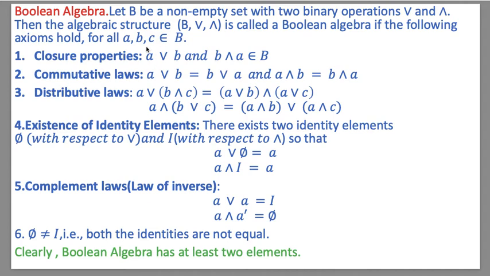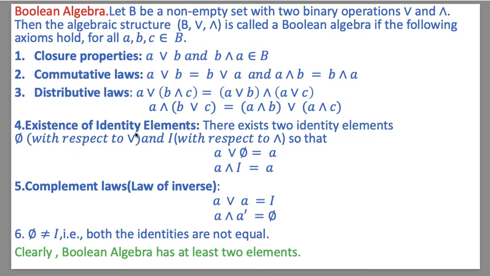Number 1, closure property, which means a join b as well as a meet b belongs to B. Second, commutative law holds, means a join b is equal to b join a and a meet b is equal to b meet a for all a, b belonging to B. Distributive law holds, means a join (b meet c) is equal to (a join b) meet (a join c). And a meet (b join c) is equal to (a meet b) join (a meet c).